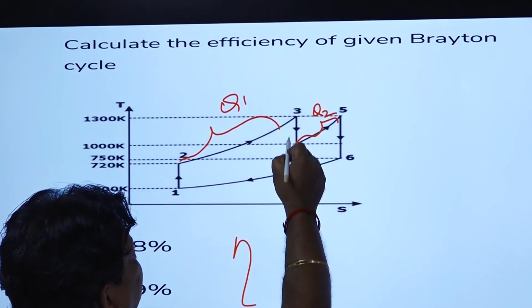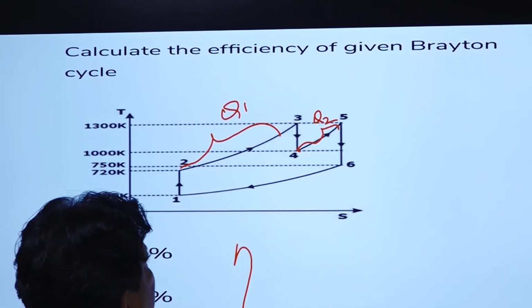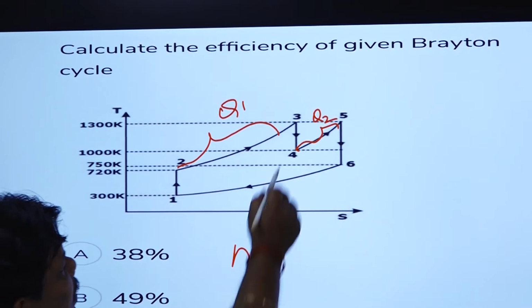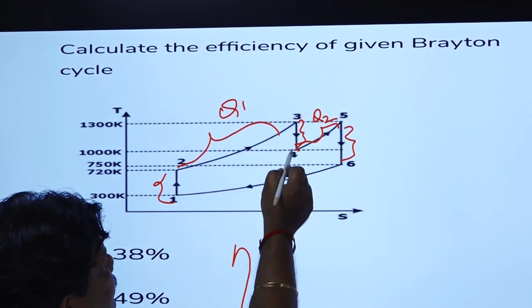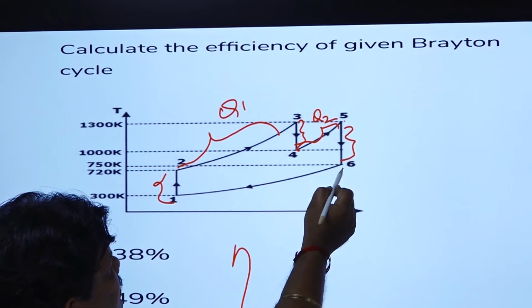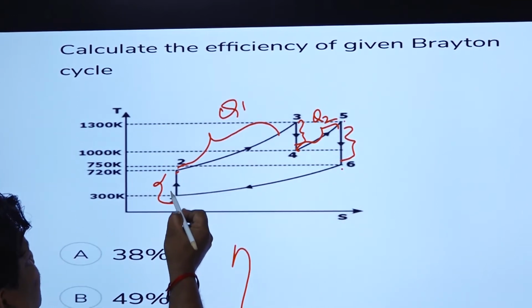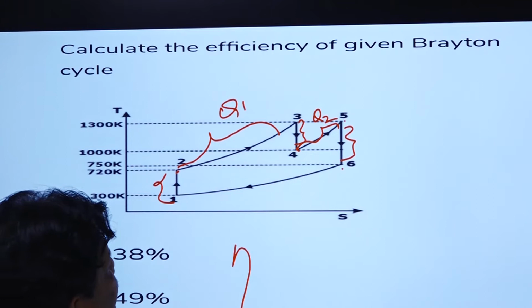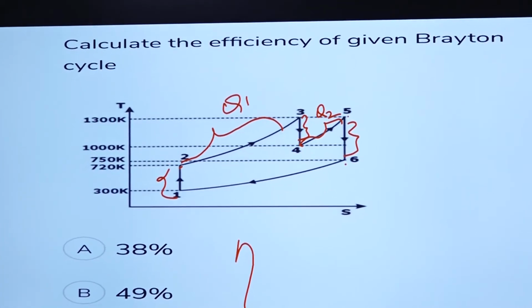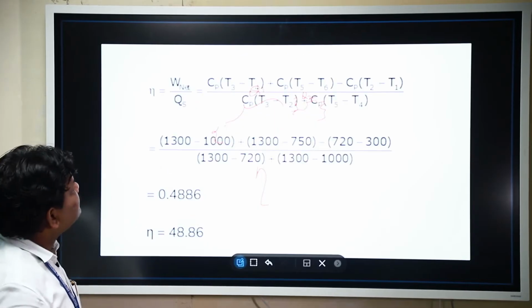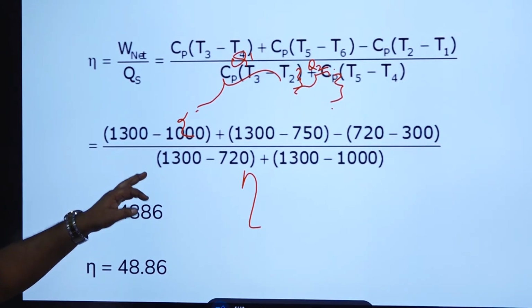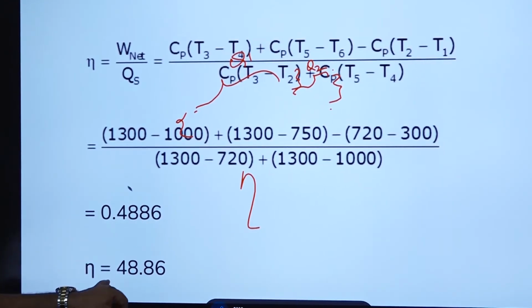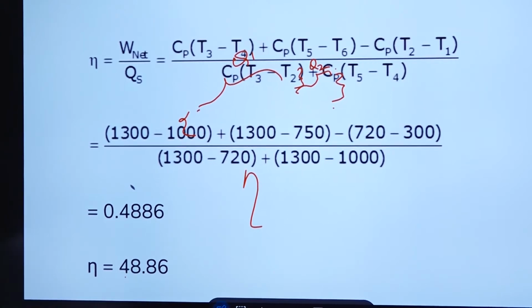T5 minus T4 and T3 minus T2 is the heat energy that is supplied, and here, T3 minus T4 plus T5 minus T6 minus (T2 minus T1) will give you the net work done. If you find the ratio between these two, you will get the value of this efficiency, that is 48.86.